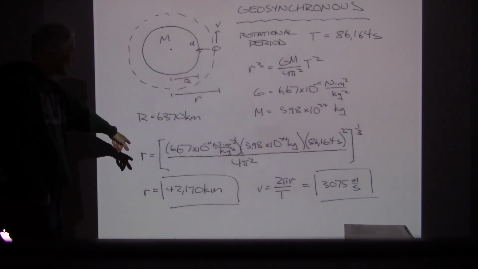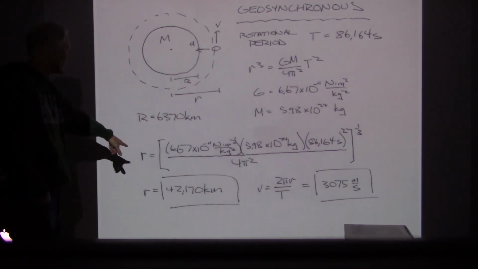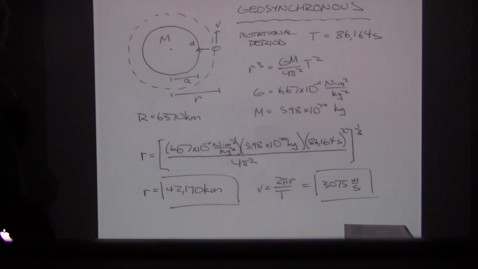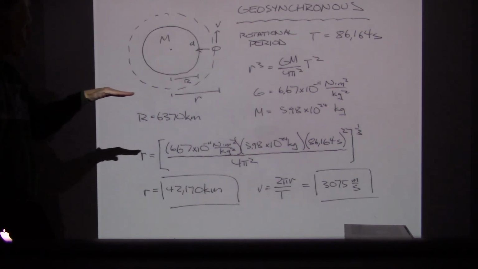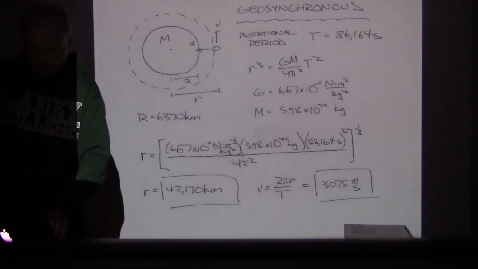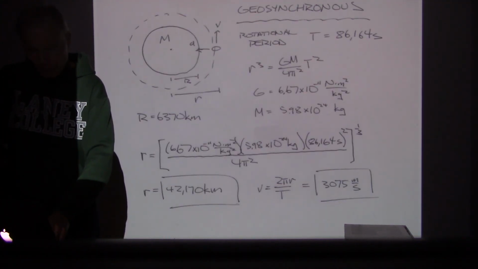We want to get it moving at 3,075 meters per second, and we want to launch it up to a height of 42,170 kilometers. If we match those numbers, this satellite will end up in a circular orbit at that height above the Earth.